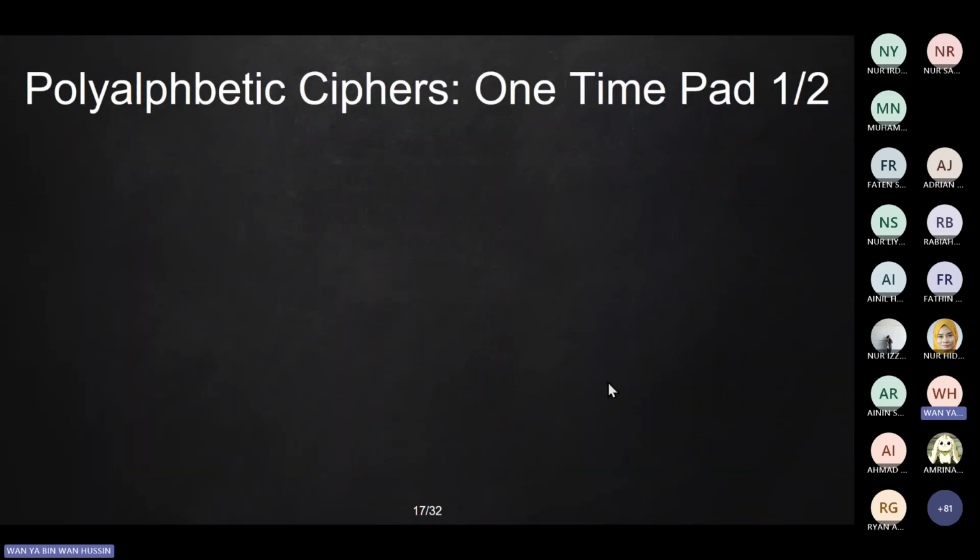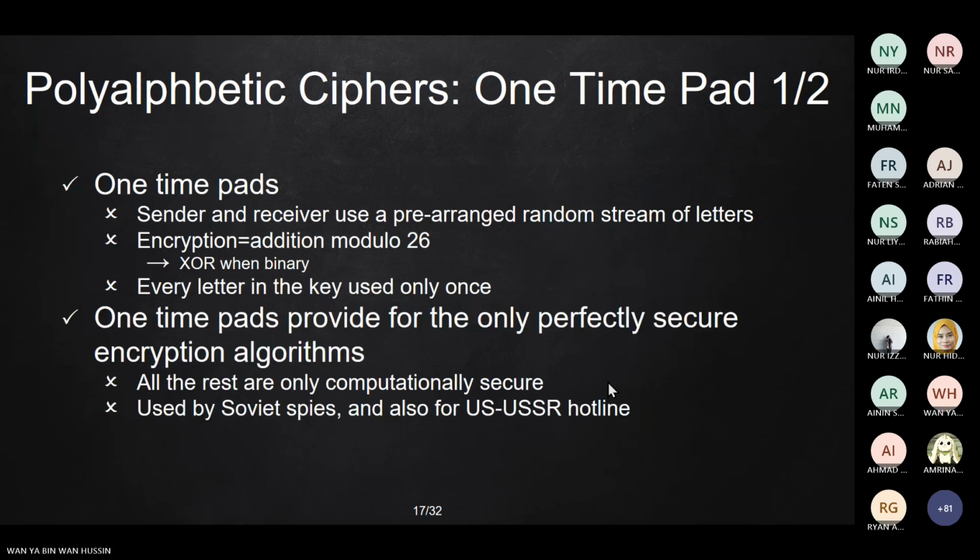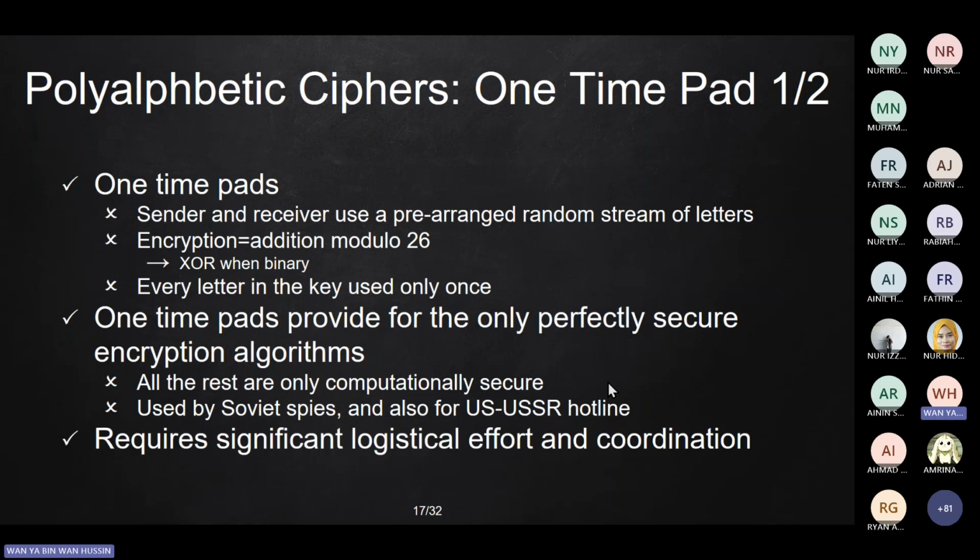Okay, polyalphabetic cipher, one-time pad, OTP, not one-time passcode or one transaction PIN. It is the most secure crypto system, but hardly used. Why? Because it has the issue of managing the key.